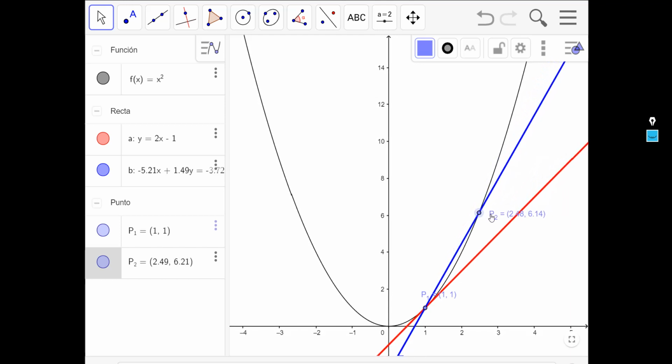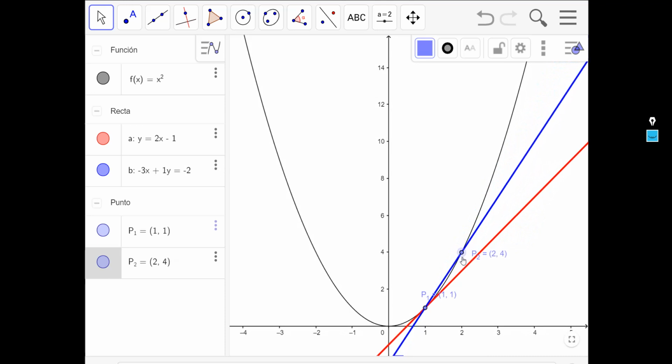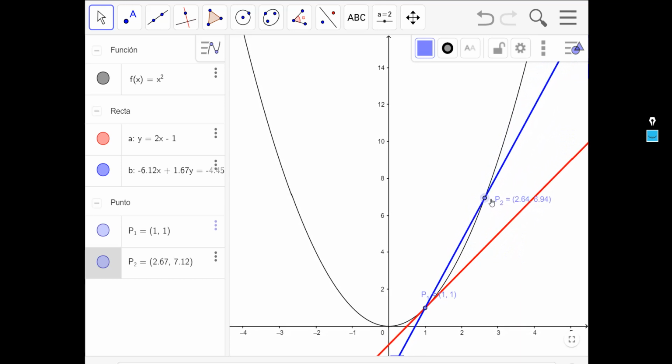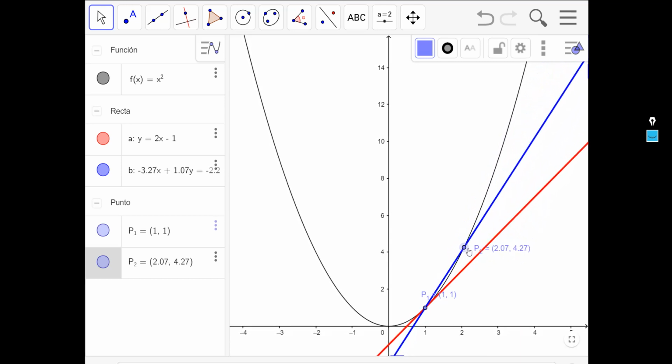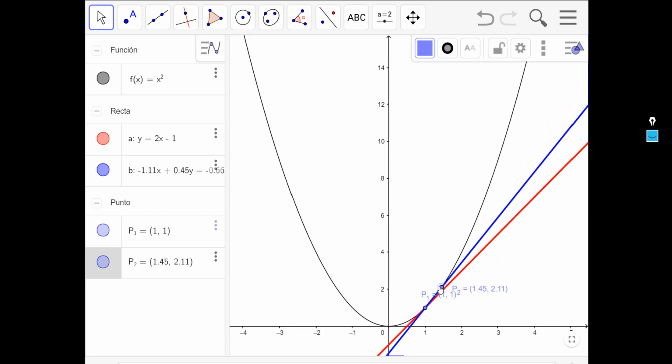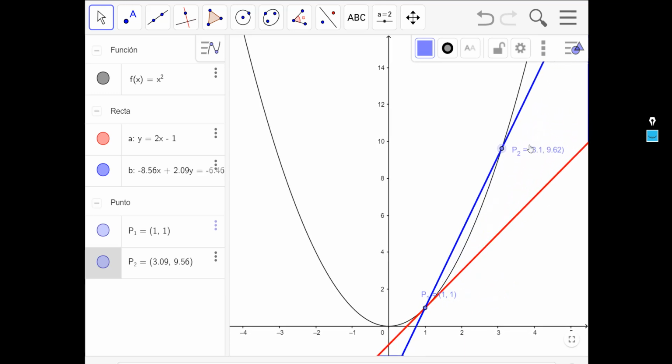You see, as I move this point 2 in this way, the secant line is approaching the tangent line. It's sort of becoming the tangent line. Can you see? As I do this more and more, the secant line gets closer and closer to the tangent line. And at some point, they're going to be the same. Look, right there. They coincide. You see?